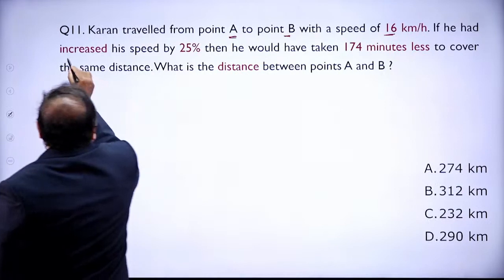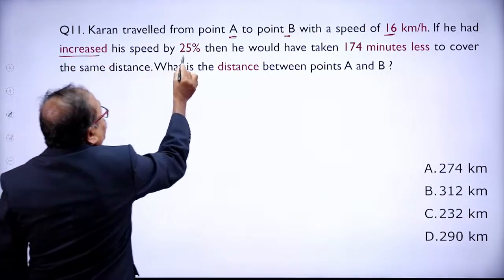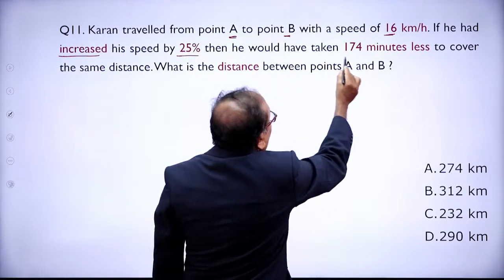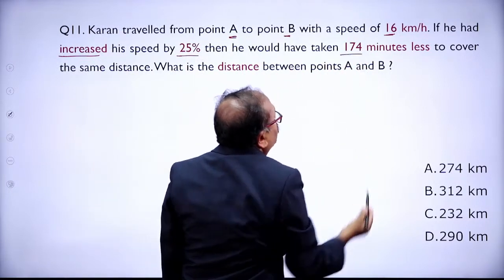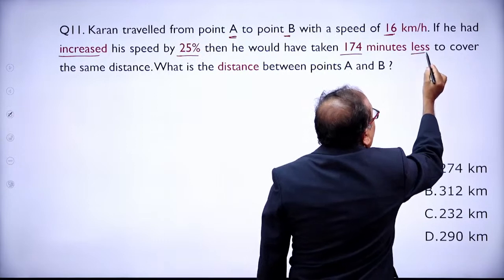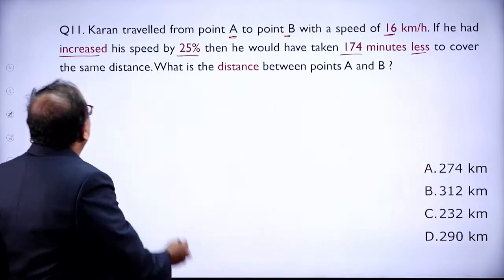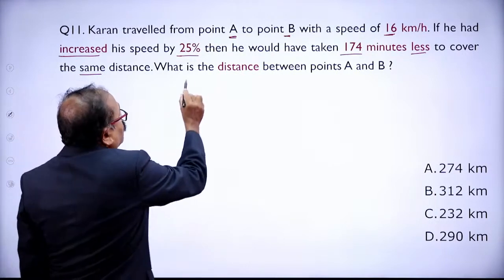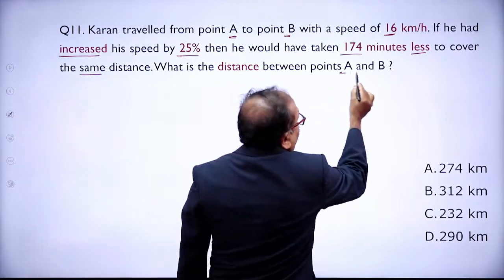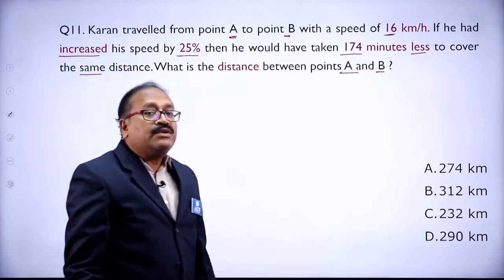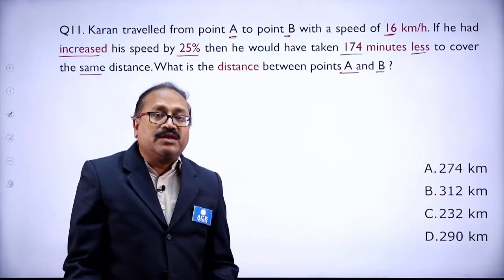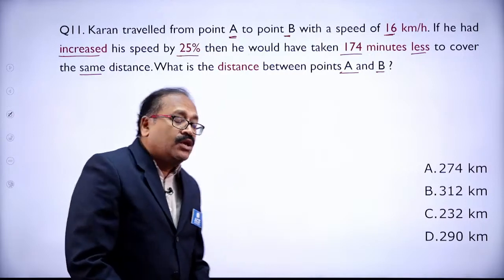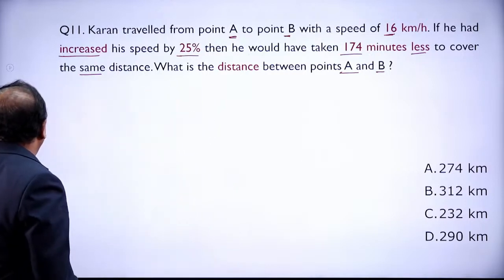If he had increased his speed by 25%, then he would have taken 174 minutes less to cover the same distance. Now, what is the distance between A and B? I will say it's a very stereotypic question. In every examination it is expected to come. Many exams it comes. So here we will use this formula.